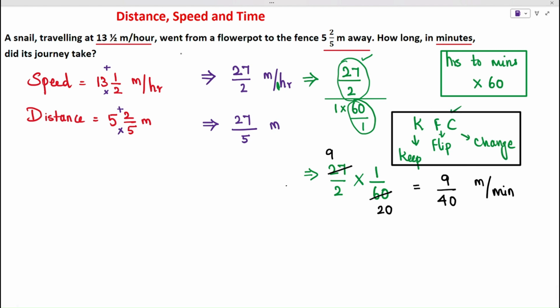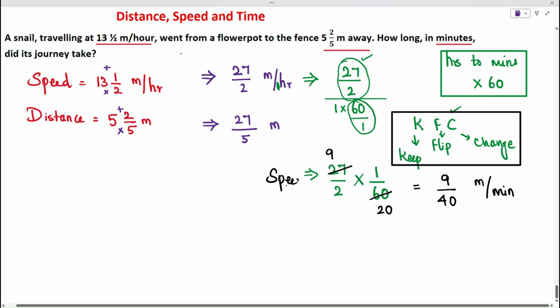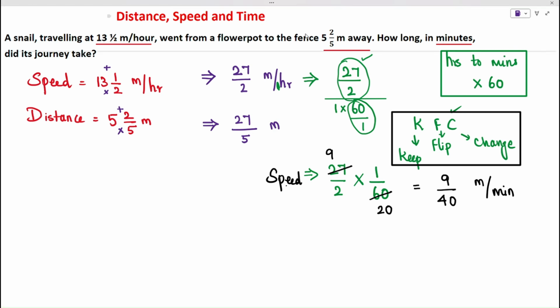So now that we found out our speed in meters per minute, it makes it easier when we're calculating our time. So what we can use now is a formula triangle that can be used for speed, distance, and time.